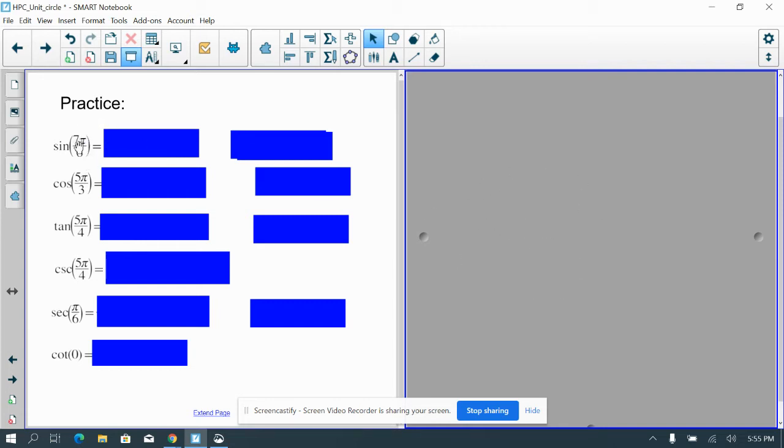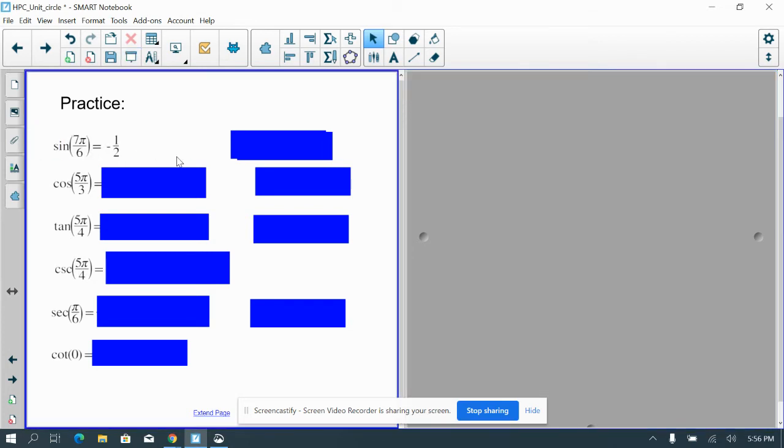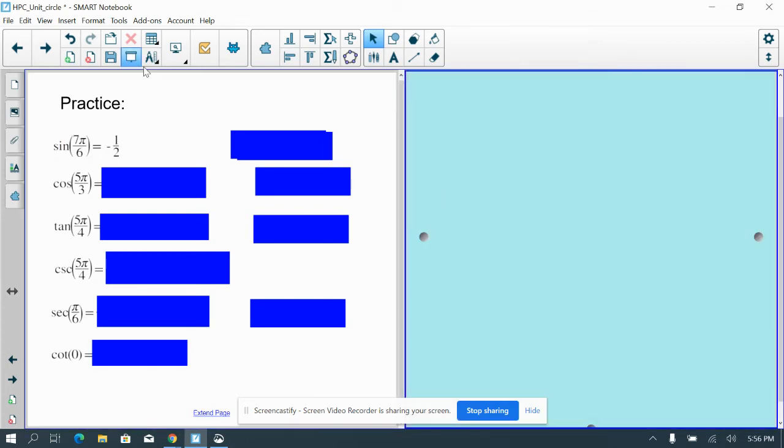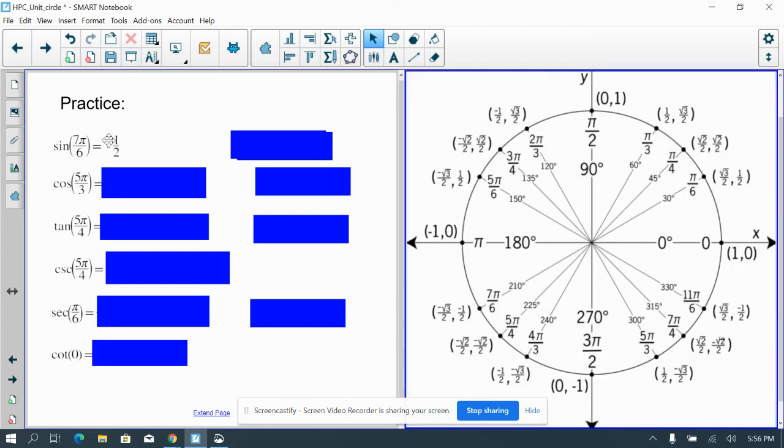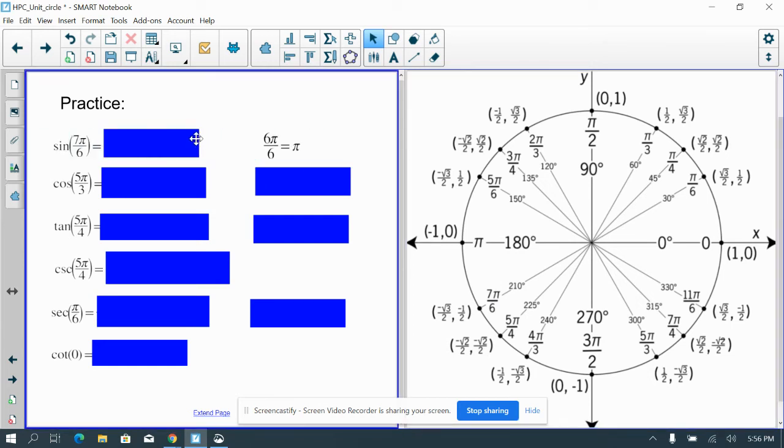So where is 7 pi over 6? The sine of 7 pi over 6 is negative 1/2. How can you do that? Well, you have to find 7 pi over 6, which is right here. And here is a mathematical thing. Realize that 6 pi over 6 is pi, right? 6 pi over 6 is exactly pi.